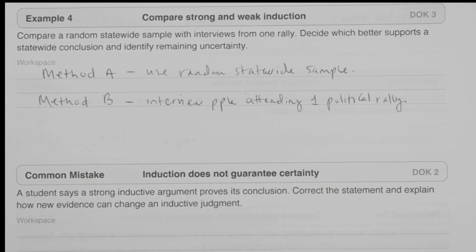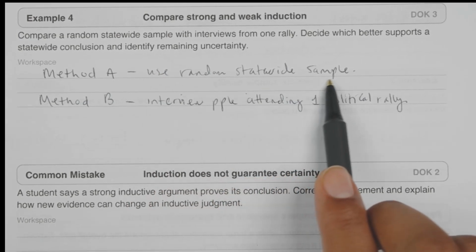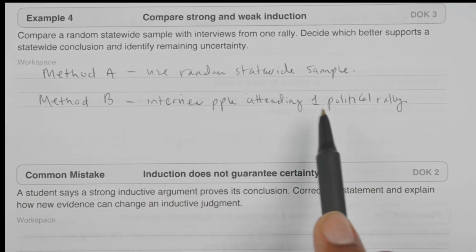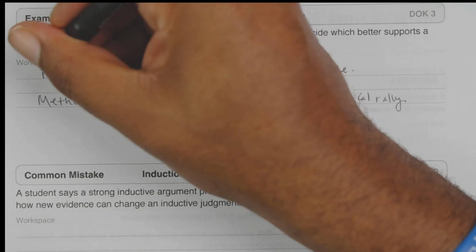Which gives stronger evidence about the whole state? Would it be to use a random statewide sample, or would it be to interview people attending one political party? Obviously, method A. The statewide random sample is more likely to include people from different backgrounds and opinions.